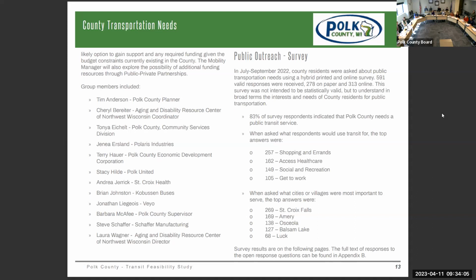Say a couple where there's a single vehicle and the second person in the couple just is not considered able to get to work. And not surprisingly, where people wanted to go: St. Croix, Amery, Osceola, Balsam Lake, Luck. That's where it's all happening.